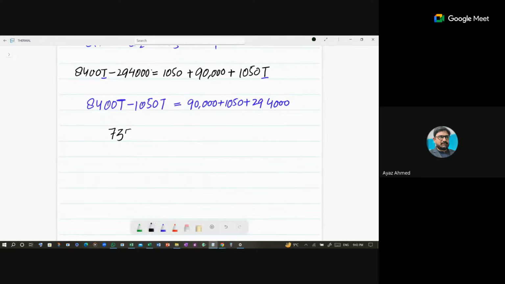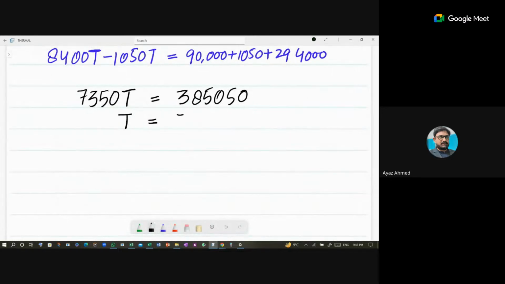Yes, 7350T equals to ये सारा सम, 385050. So now if I am going to calculate final temperature, what will be that? 385050 divided by 7350.